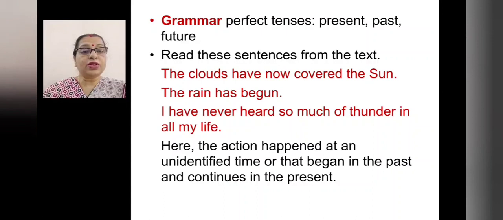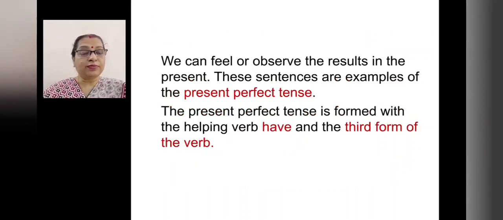I have never heard so much thunder in all my life. Here, the action happened at an unidentified time, or began in the past and continues in the present. We can feel or observe the results in the present. These sentences are examples of the present perfect tense.